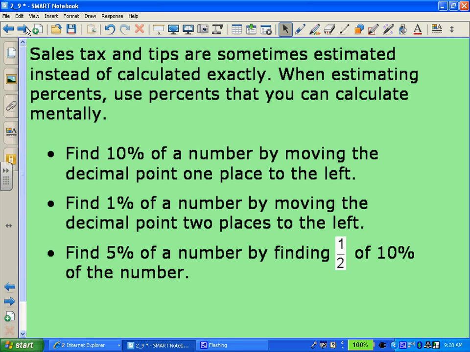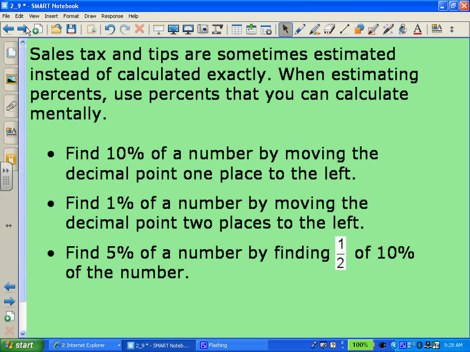So find 10% of a number by moving the decimal point 1 place to the left. Okay, so anytime I want to know what 10% of a number is, I just move the decimal point 1 spot to the left. If I want to know 1% of a number, I move it 2 places to the left. Okay?